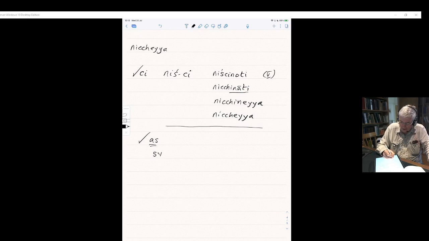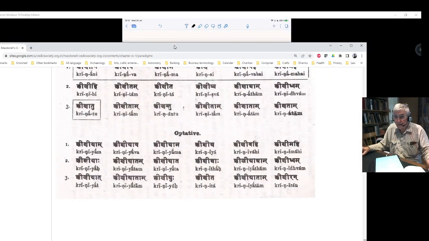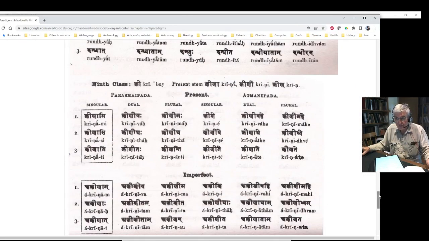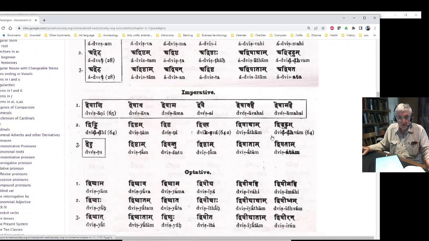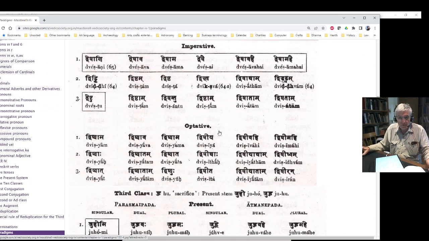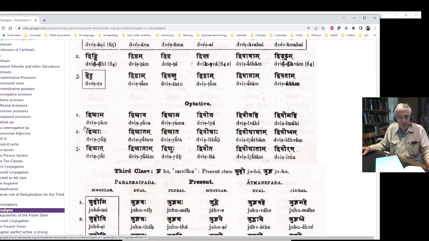So actually it's a class 2 verb. It should be asyam, asyah, asyat, which it would be if it were regular. It's a class 2 verb, which is the dvish class. Look at the root dvish, regularly formed, optative dvishyam, dvishyah, dvishyat.